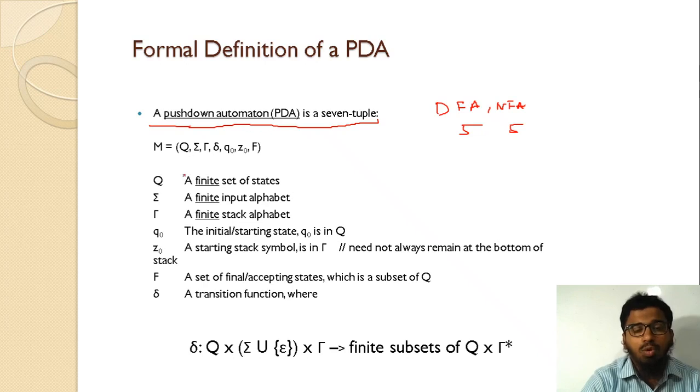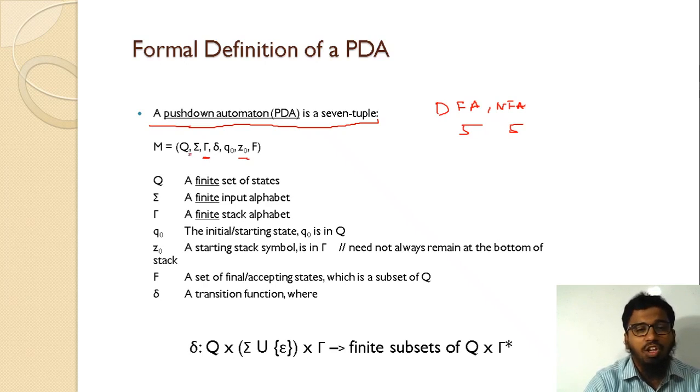So, what are the new tuples here? This is called tau, and here Z0. So, you can take Z0 and tau as the new tuples in the PDA.